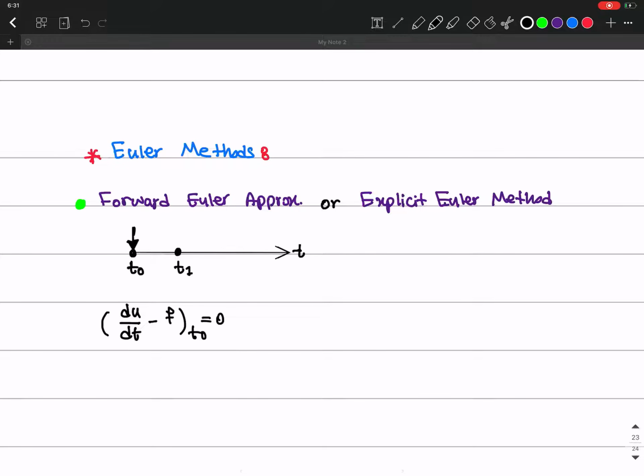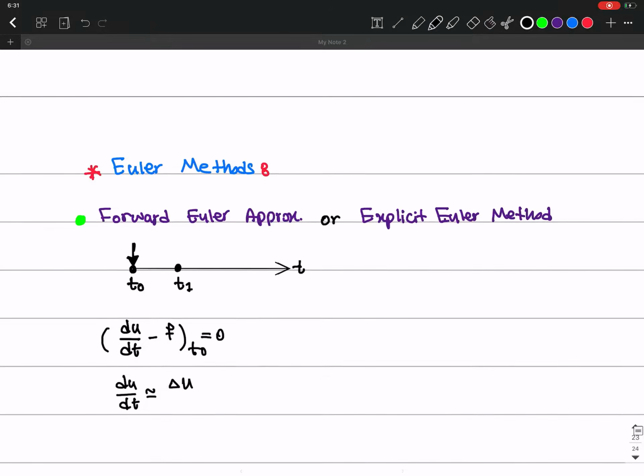And then the second thing we have is the approximation. We can say du over dt is, using a forward Euler method, delta u0 over delta t0. Then we combine these two together and we finally get the forward Euler method.